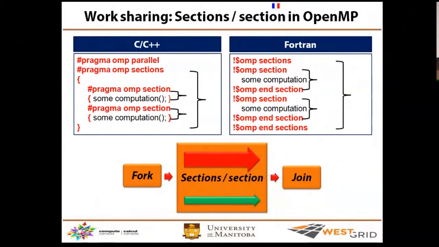You can create more sections, it depends on how many independent portions the program has. So you start pragma OMP sections, and each section starts with OMP section. In Fortran, it's the same: OMP section, OMP end section.